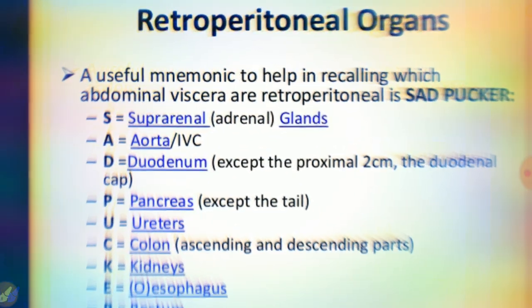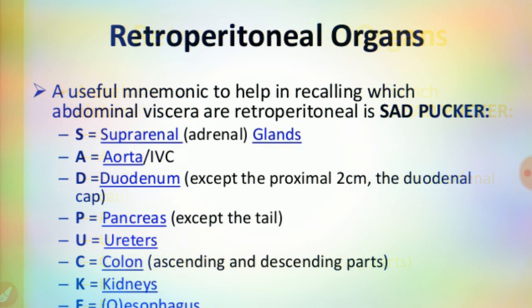Let's see the retroperitoneal organs. This is very useful for all the students of BSc nursing and those who are going to write competitive examinations. They often ask what all the retroperitoneal organs are.